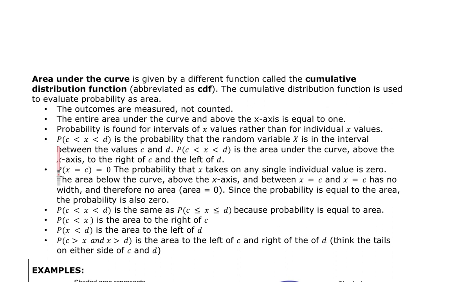As an example, we have the probability that x runs between c and d, and that would be the probability that the random variable x is in this interval between c and d. It's the area under the curve above the x-axis to the right of c and to the left of d. So let's go back up to my example.